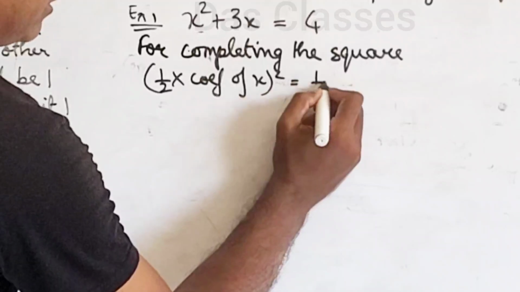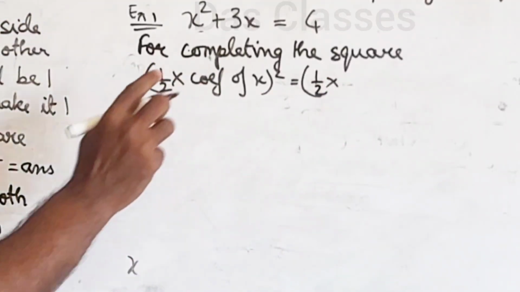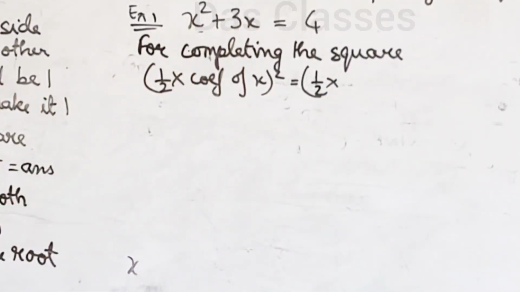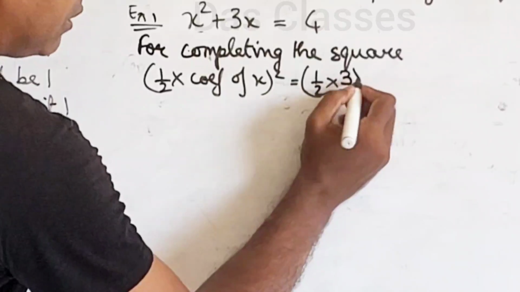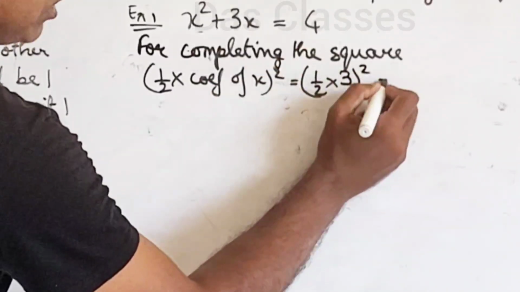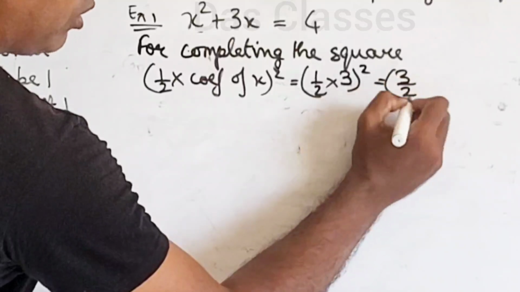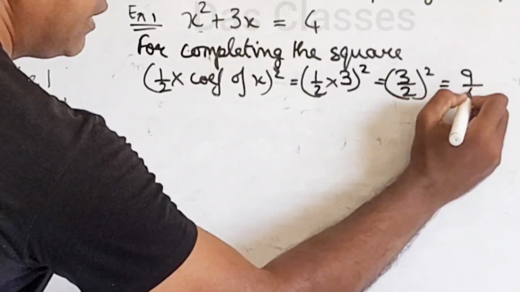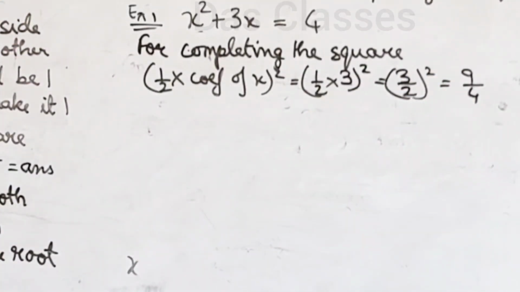Coefficient means the number, which is 3. So half of 3 is 3 upon 2, square. So that's going to be 9 upon 4. We did the third step.